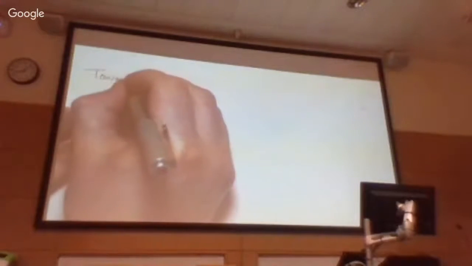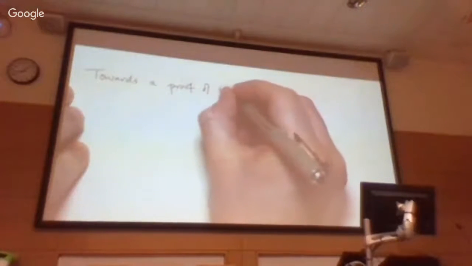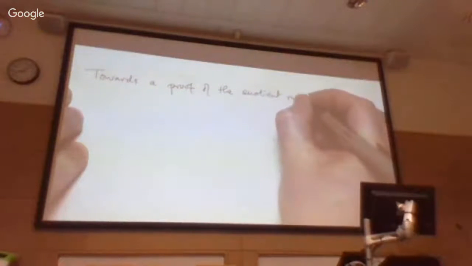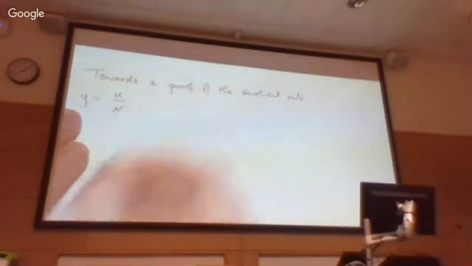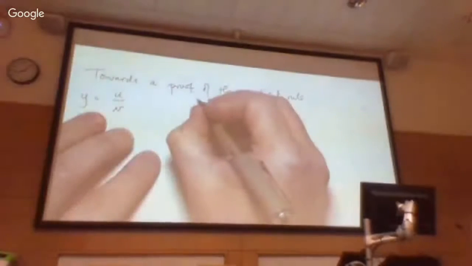So we're going to start thinking about the quotient rule first. So this is towards a proof of the quotient rule. The quotient rule, remember, applies to this situation where you've got functions u and v.